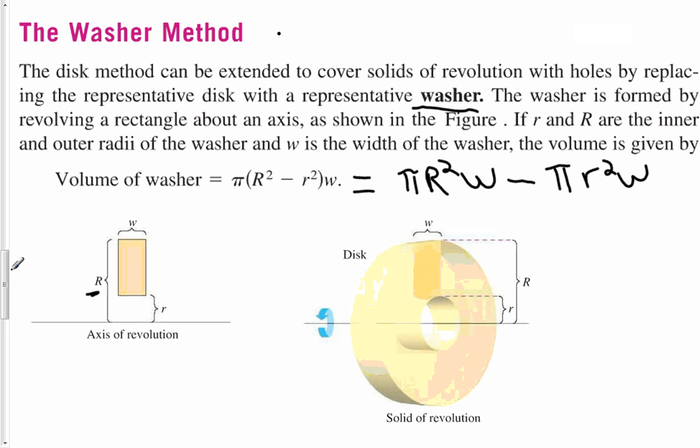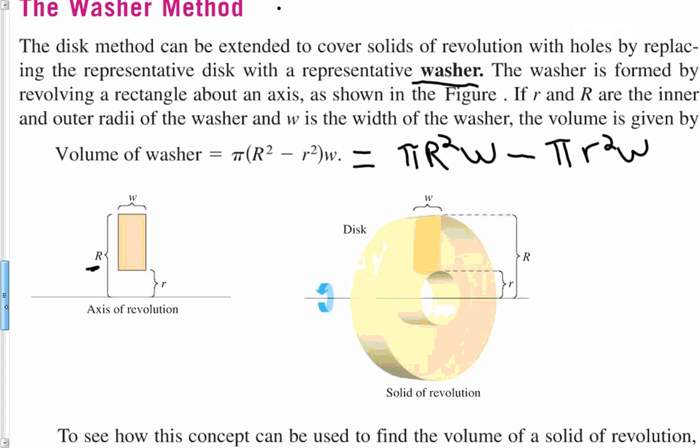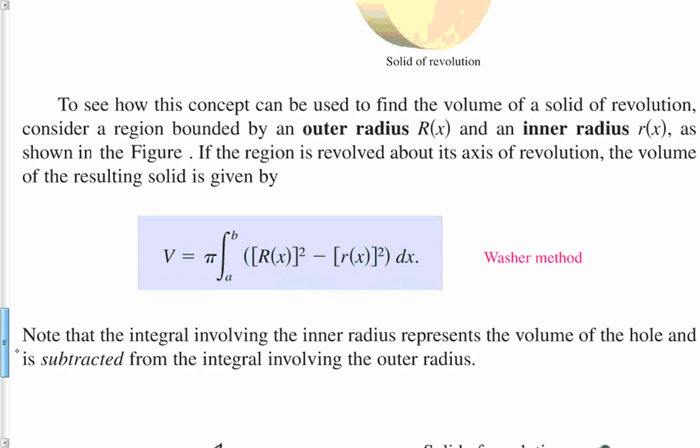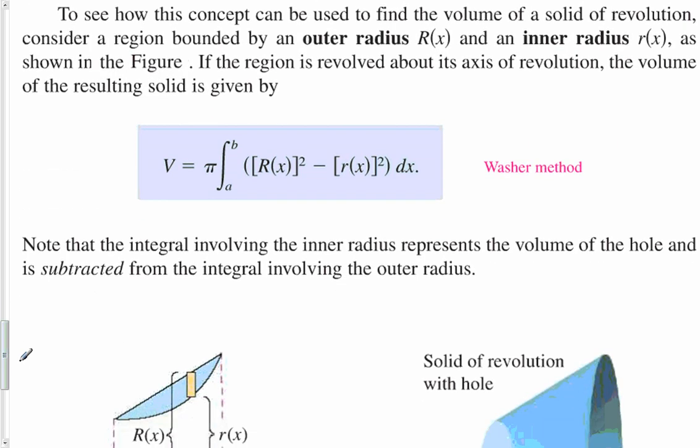All right, so now we want to look at how this can be made into a calculus formula. To see how this concept can be used to find the volume of a solid of revolution, consider the region bounded by an outer radius of big R of x, which is the radius of the outer disk, and an inner radius little r of x, which is the radius of the inner disk.